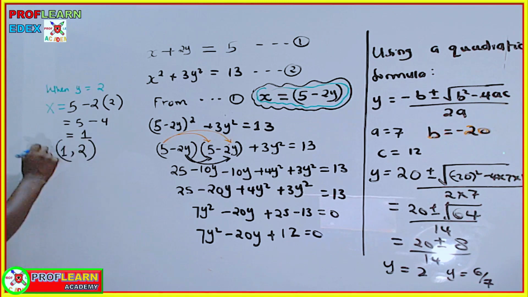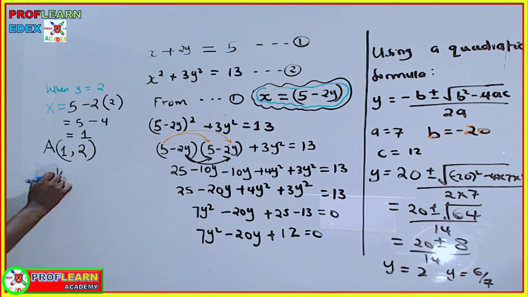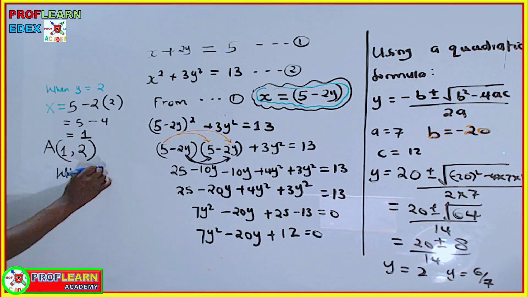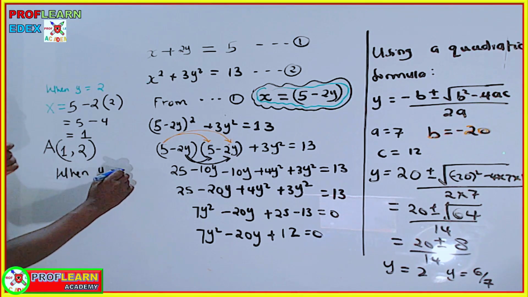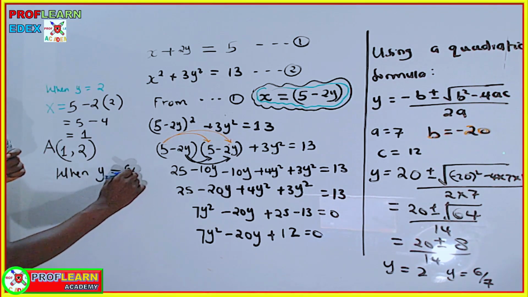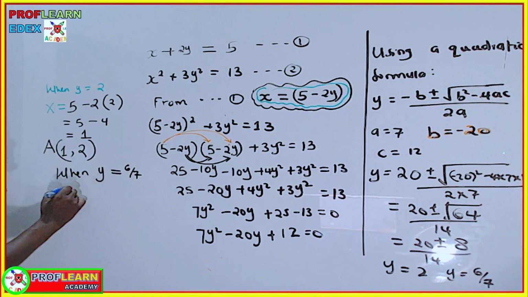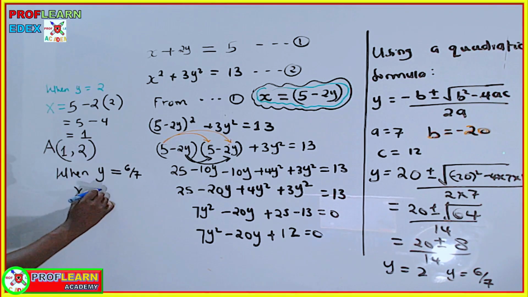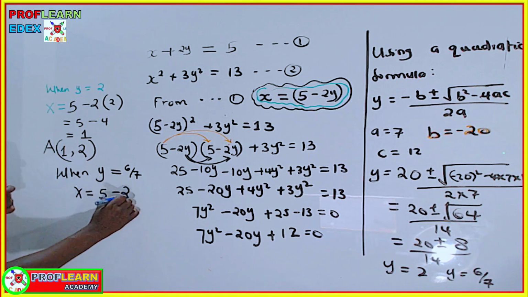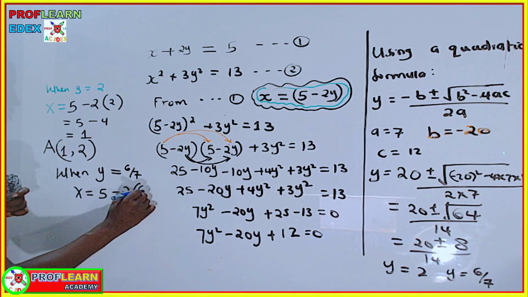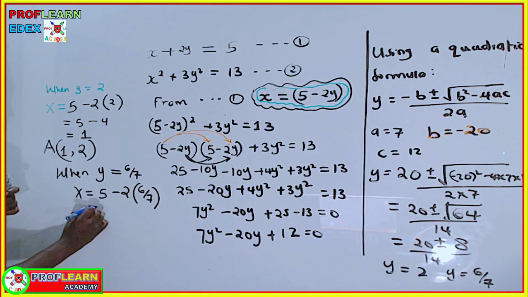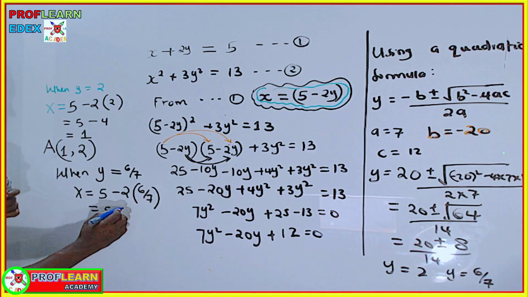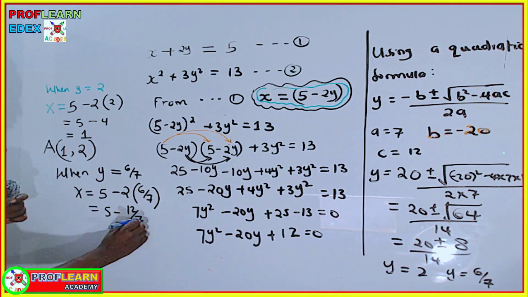So we can say this is our a. And when y equals 6 over 7, x is going to be 5 minus 2 times 6 over 7.